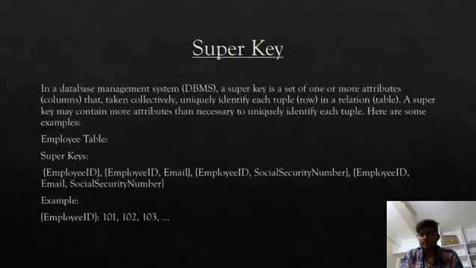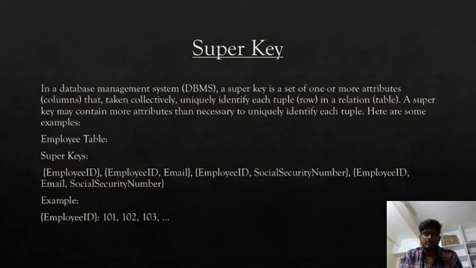Super key. We can call a key a super key when the same attributes are present for multiple entities, and a single attribute is selected to identify that entity uniquely.